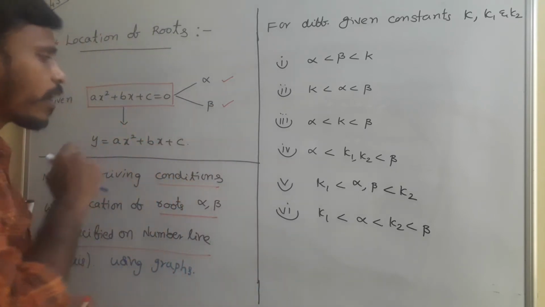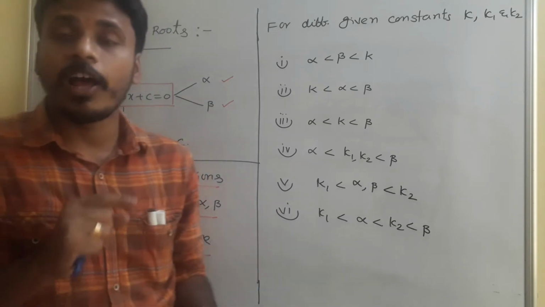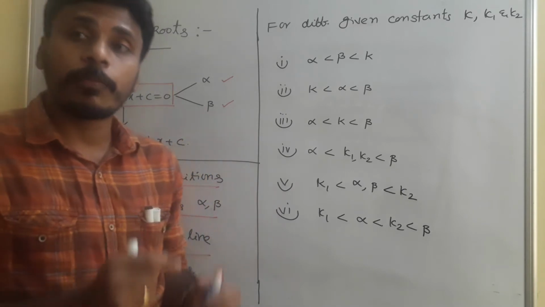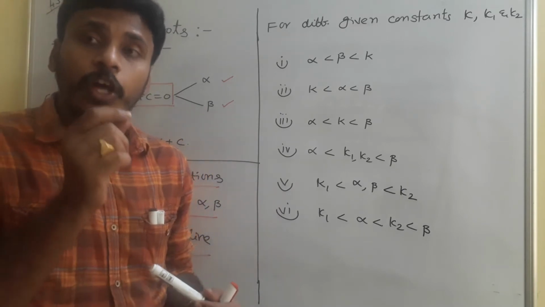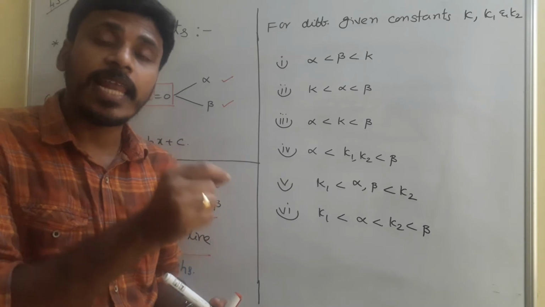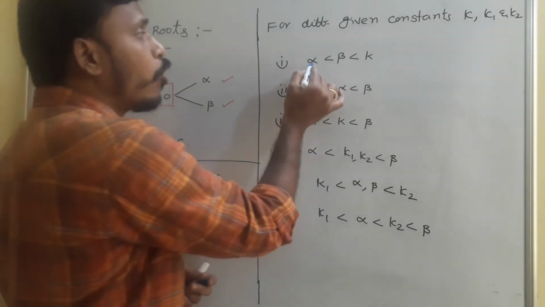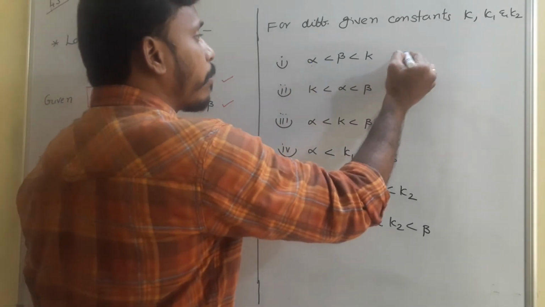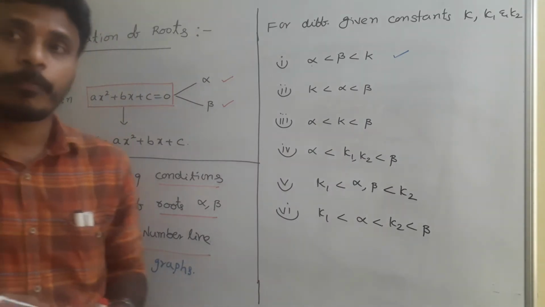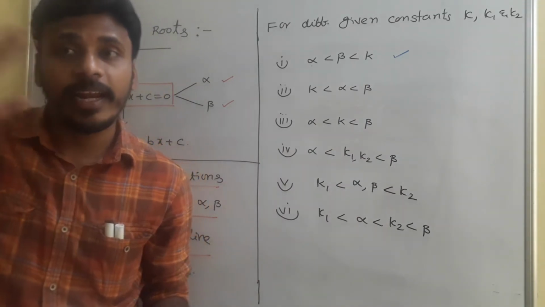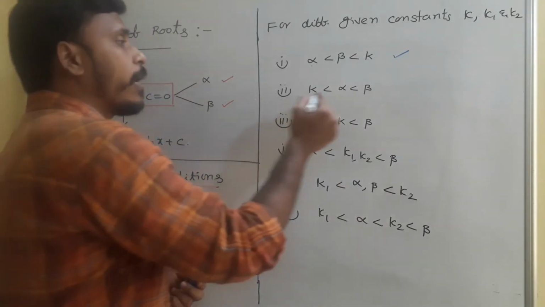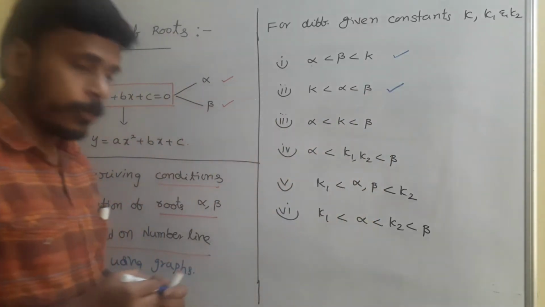Since the roots are alpha comma beta, they are on the number line. If the question says that both the roots alpha beta are less than a number k, that is the first condition. If both the roots are greater than a given number k, that is the second condition.